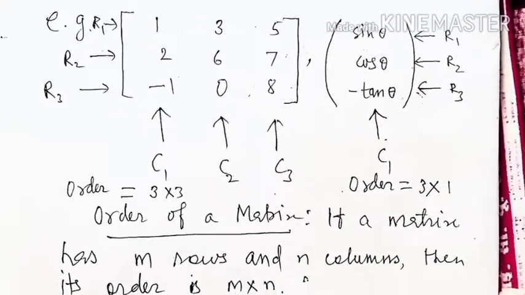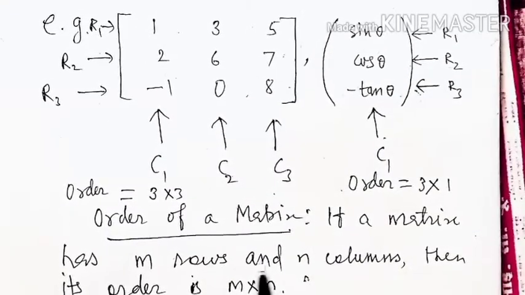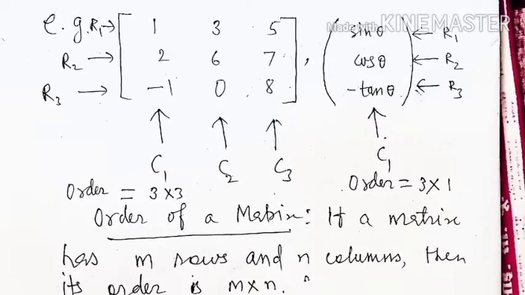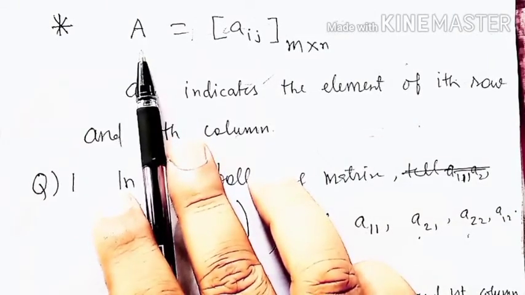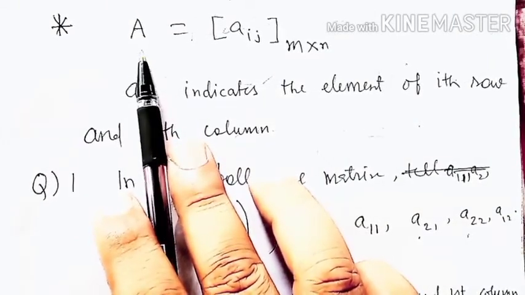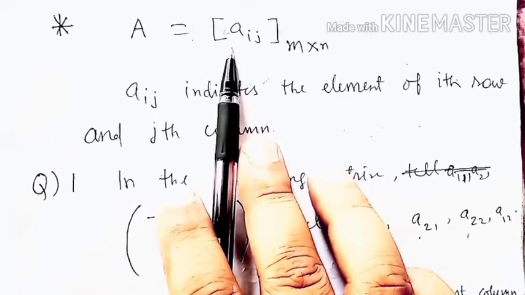Now, order of a matrix. If a matrix has m rows and n columns, then its order is m cross n. A matrix is denoted by a capital letter of the English alphabet, and here it is represented as Aij enclosed within a small bracket.